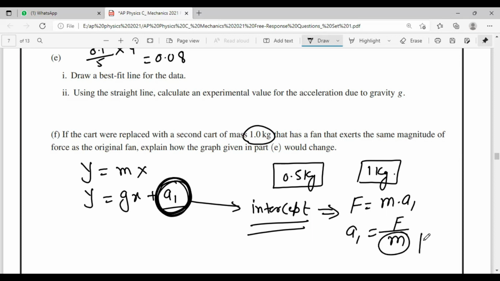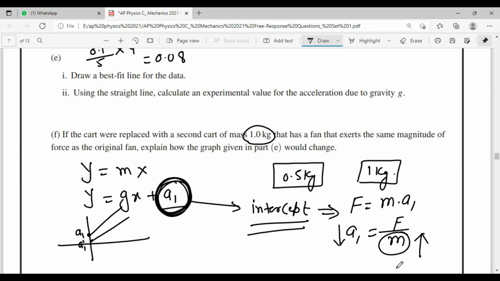If you increase the mass, a1 will decrease, so the intercept will decrease. Let us suppose the first graph is like this, and the intercept is here, this is a1. If the intercept decreases, it will shift downward. This is the new intercept, a1 dash.